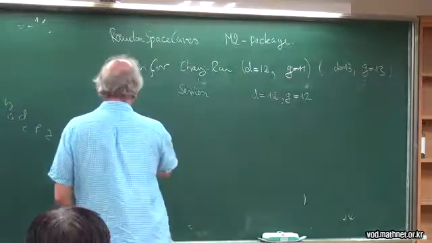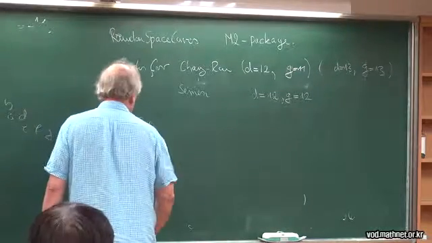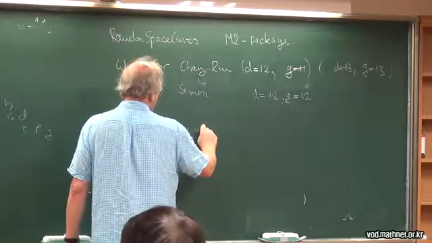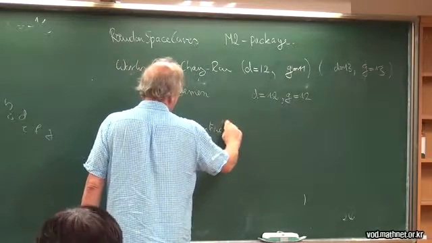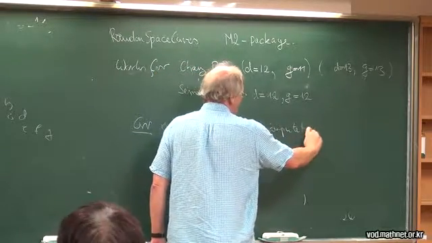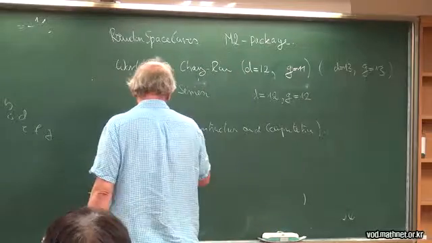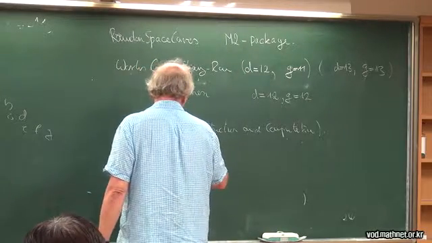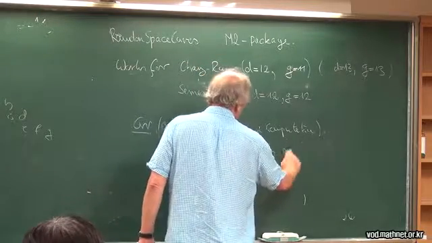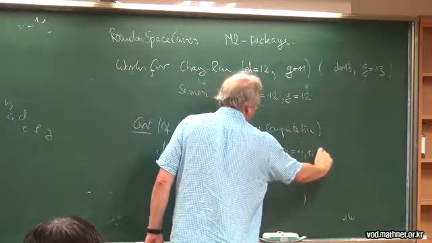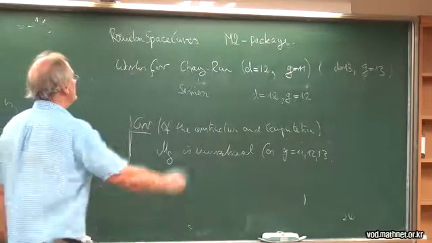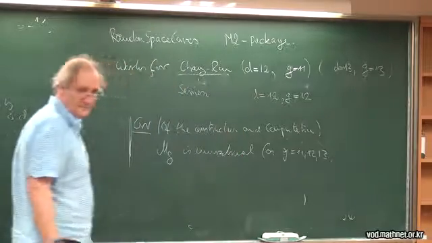As a corollary of these constructions and computations, M_g is unirational for g equal 11, 12, and 13, right? So that was the reason why Chang and Ran considered this.